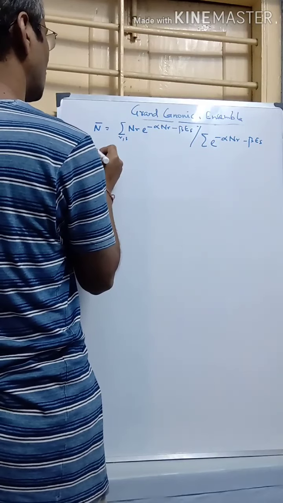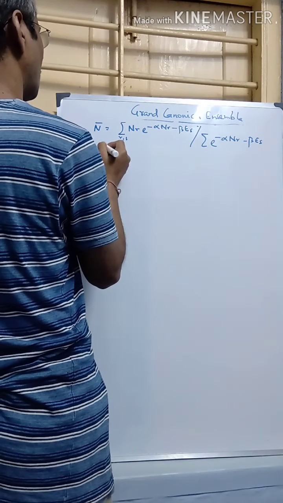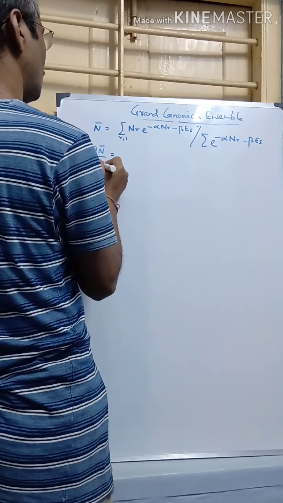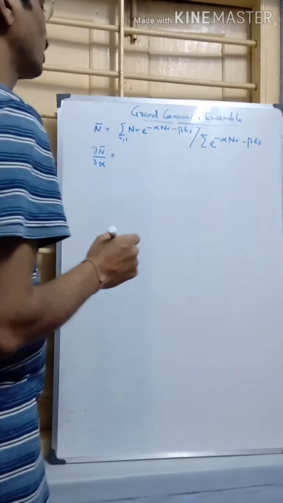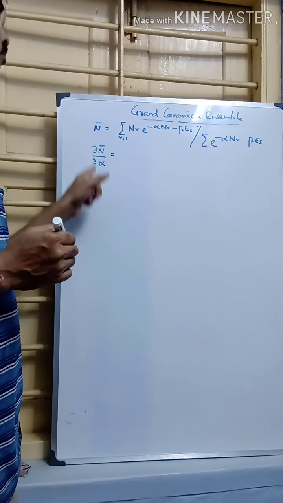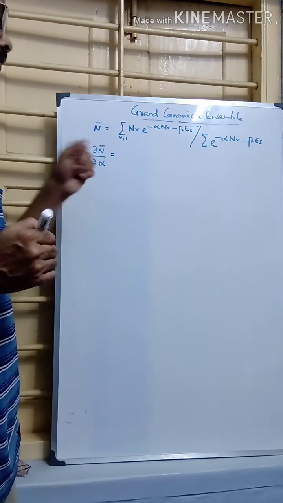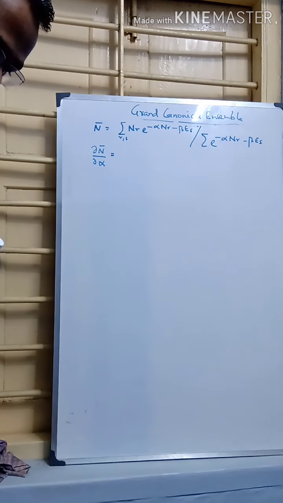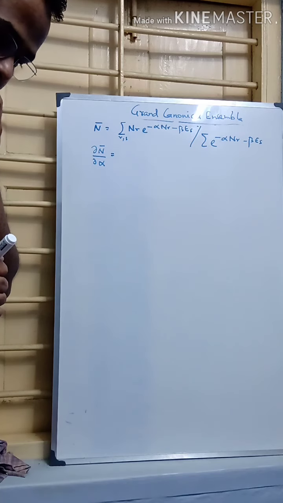So how about taking del N average del alpha? If we take the partial derivative of the mean number of particles, then what do we get?